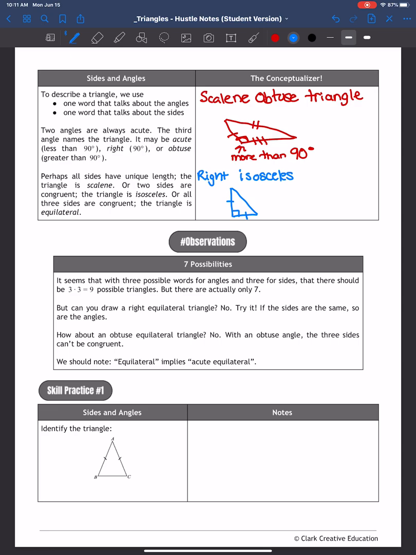We should note equilateral implies acute equilateral. Okay. So, if you were to identify the triangle below, it would be an acute isosceles. We have 2 sides that are the same and no angle above or equal to 90.